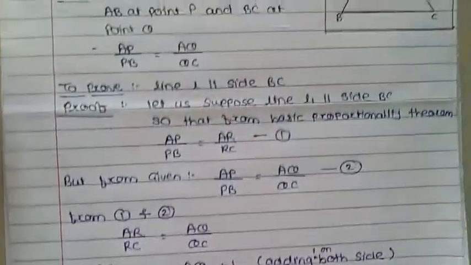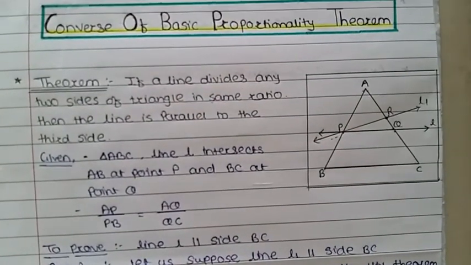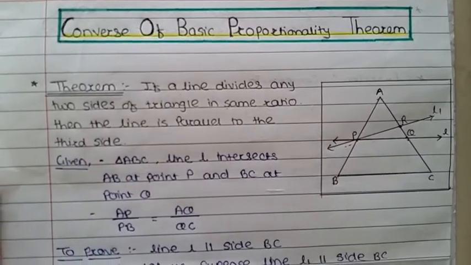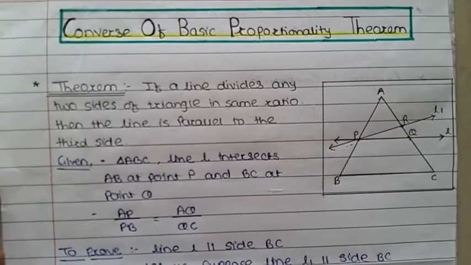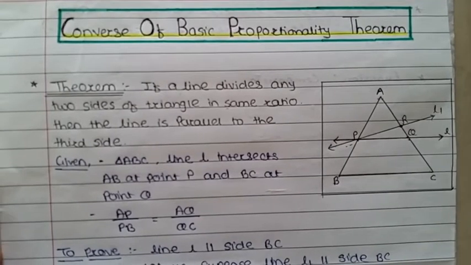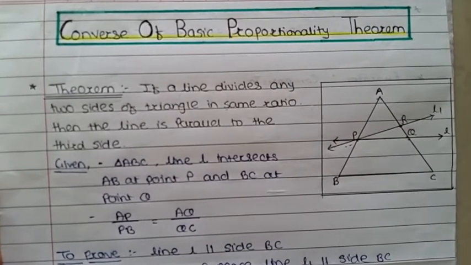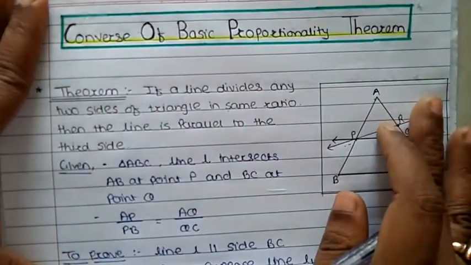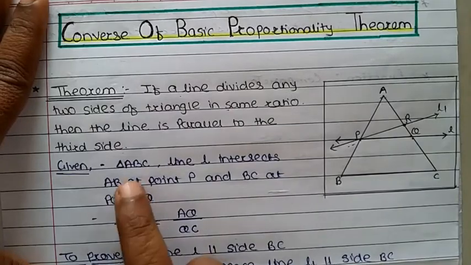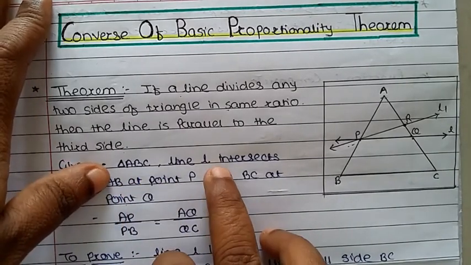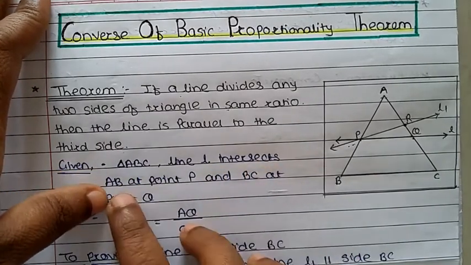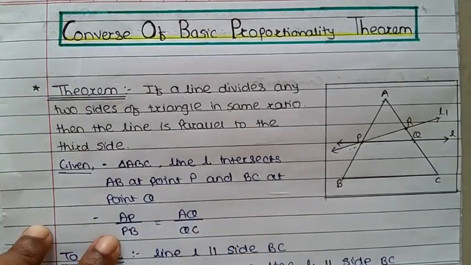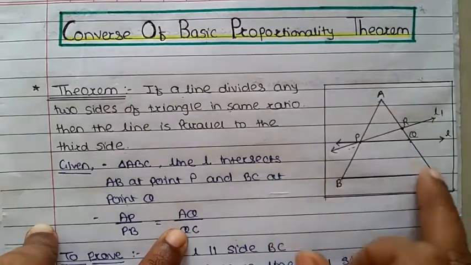Just recall once again what we do in this converse of the basic proportionality theorem. First of all, write down the given terms as they are: triangle ABC, line L intersects AB at point P and BC at point Q. This is given, and AP upon PB is equal to AQ upon QC.